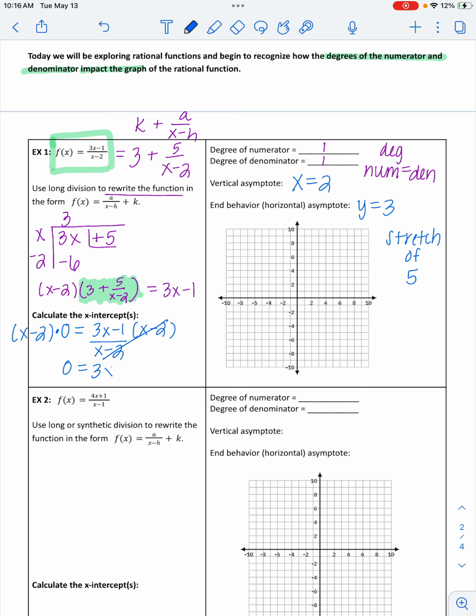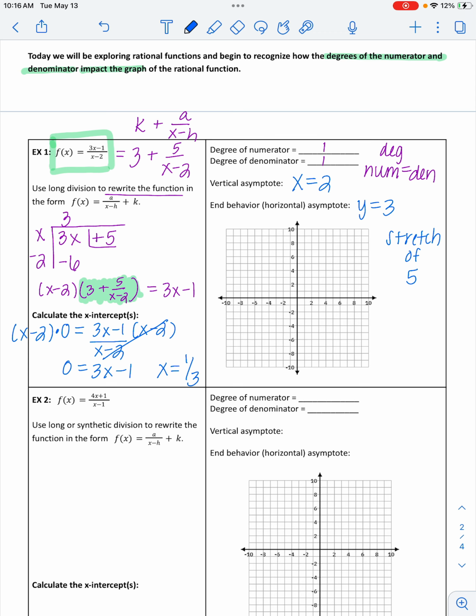So 0 is simply going to equal whatever the numerator is every time, because I'm going to multiply both sides by the denominator, and it's going to cancel. So I know that my x-intercept is going to be 1/3. Okay, so that will also help you check your graph.